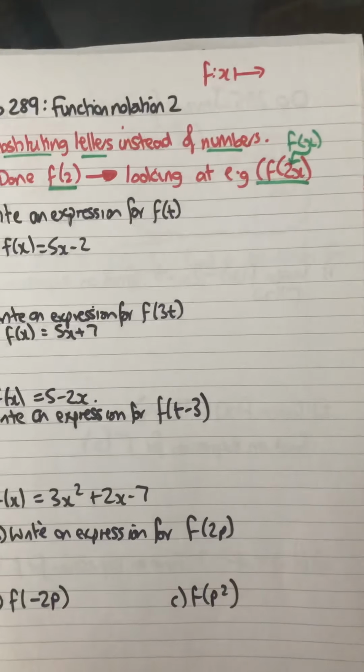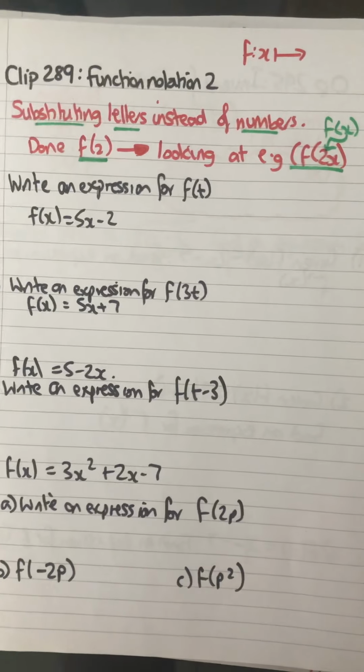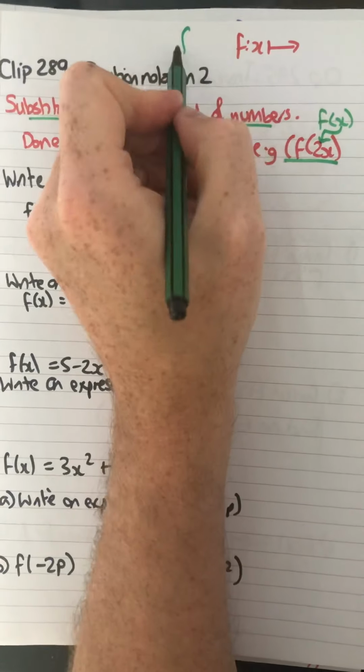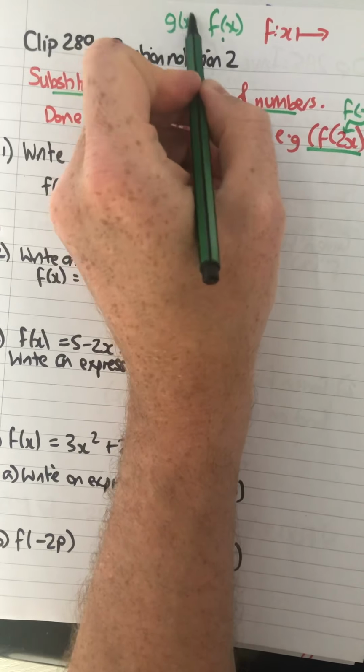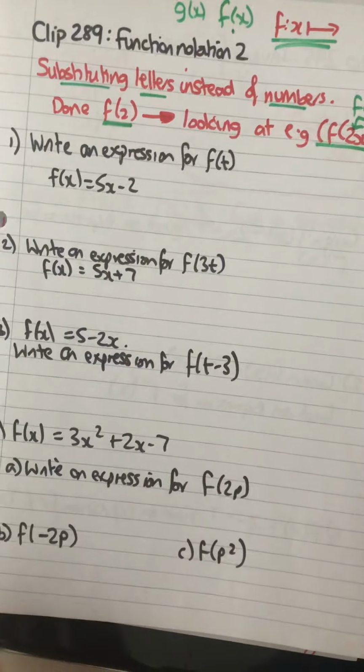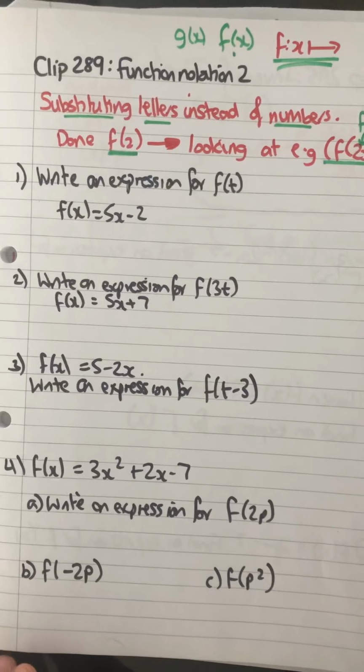So this is your algebra skills rather than just your substitution and number skills. A reminder that there's two ways you can see these, f of x or g of x, or you might see it look like this, which means mapped. But they mean the same thing.